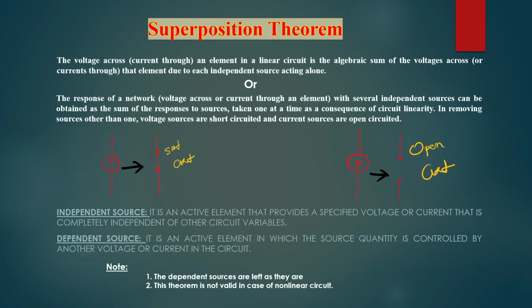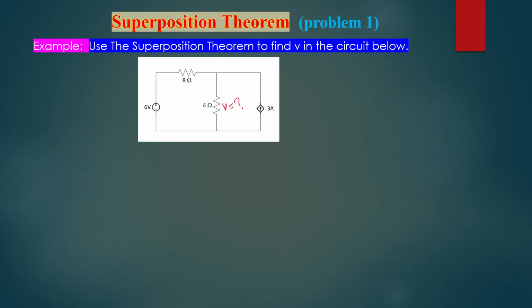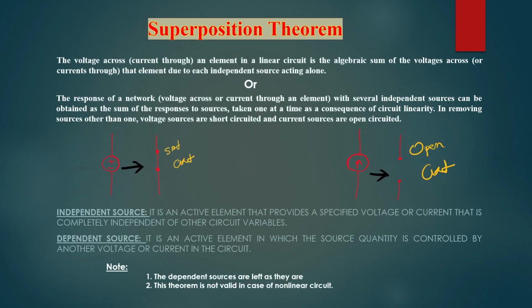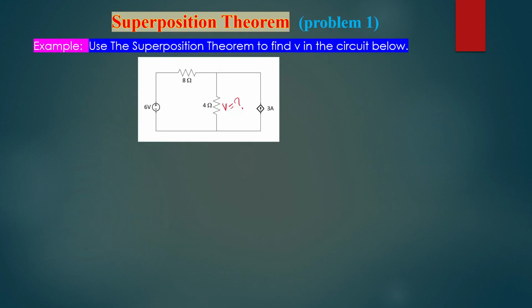For independent sources, we keep one at a time and remove the others. And this theorem is not valid in the case of non-linear circuits. This theorem is valid for linear circuits only. So we'll understand this superposition theorem with one simple problem.